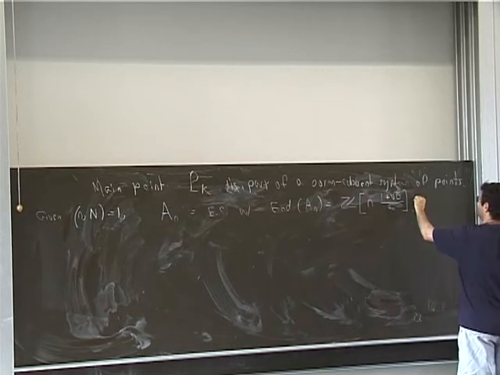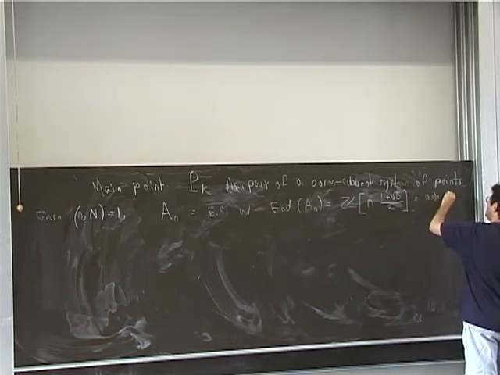Okay, so this is the order of conductor n. So it's a smaller endomorphism ring.